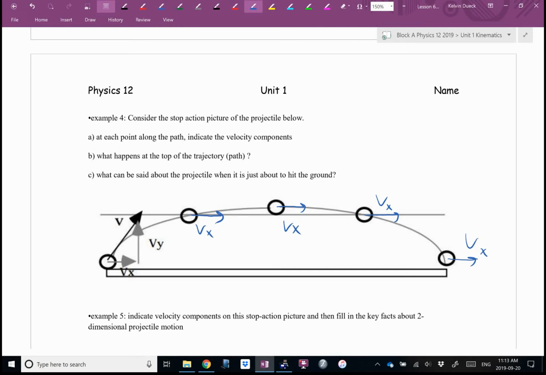Is vertical acceleration 0? No, it's negative 9.8. So that's going to change. So I'm going to do that one in red. Right when we leave the ground, we're traveling that fast vertically. As we go up higher, what happens to the vertical velocity on our way up? Do we speed up, slow down, or stay the same? We slow down, so the vertical component right here would be shorter than my original launch.